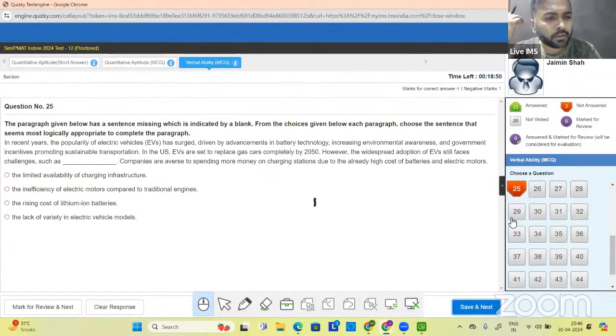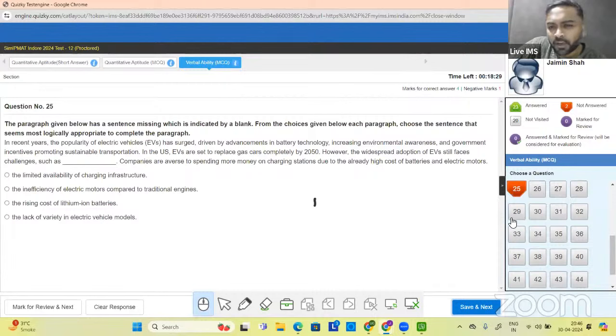In recent years, the popularity of EVs has surged, driven by advancement in battery technology, increasing environmental awareness, and government incentives promoting sustainable transportation. In the US, EVs are set to replace gas cars completely by 2050.